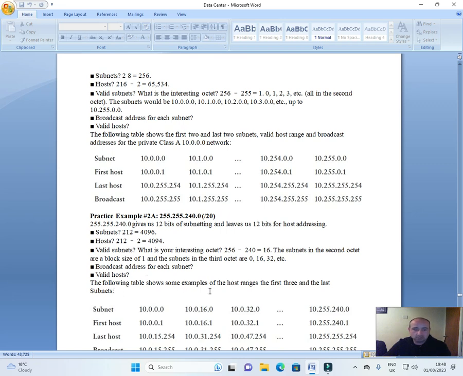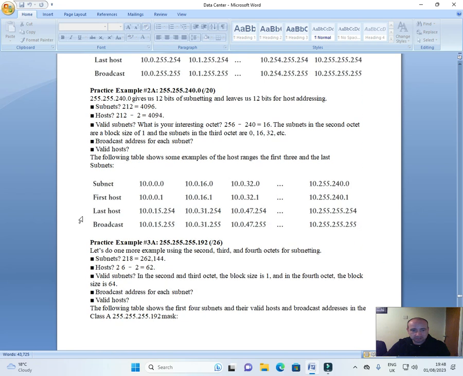Broadcast address for each subnet and valid hosts. The following table shows some examples of the host ranges, the first 3 and the last subnets. Subnets: 10.0.0.0, 10.0.16.0, 10.0.32.0, 10.255.240.0. First hosts: 10.0.0.1, 10.0.16.1, 10.0.32.1, 10.255.240.1.